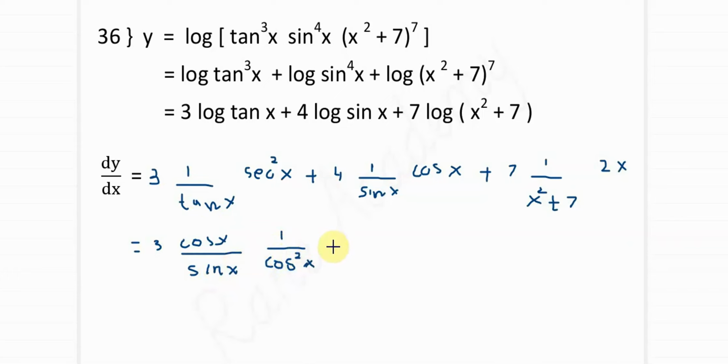Now what can be done? We can write here further, plus 4 sin x upon cos x, which is cot x, plus 7 into 2, that is 14x upon x square plus 7.